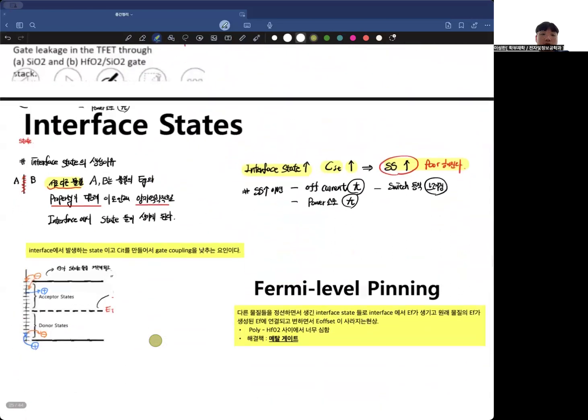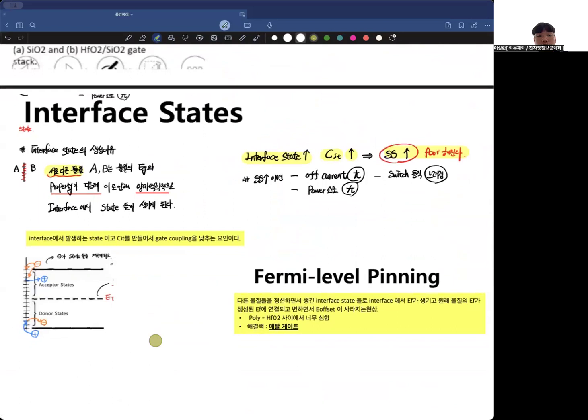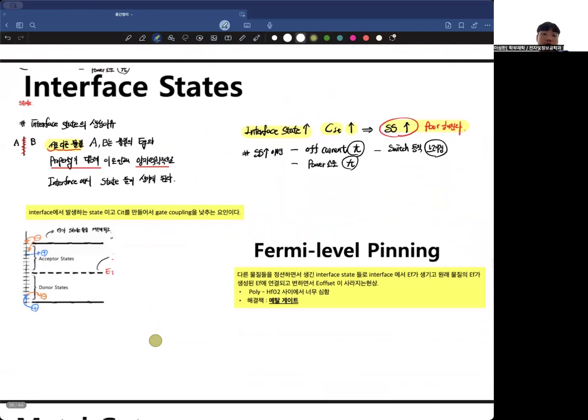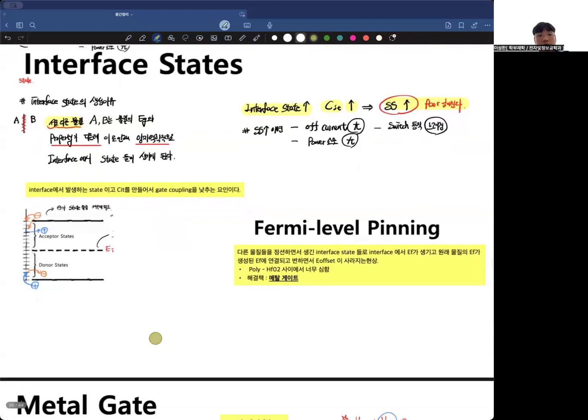And then we use silicon with metal or some other material. We can make an interface problem, because we use different materials. It means a hetero-interface, so there are several states and traps. We call it a trap.